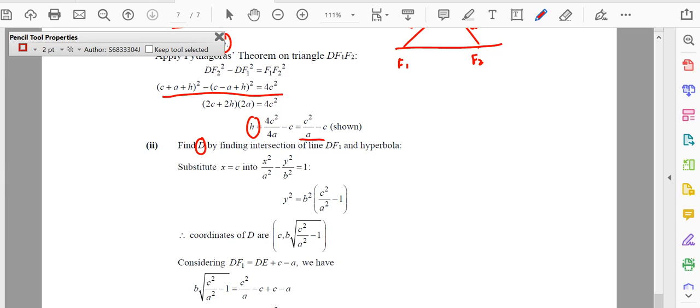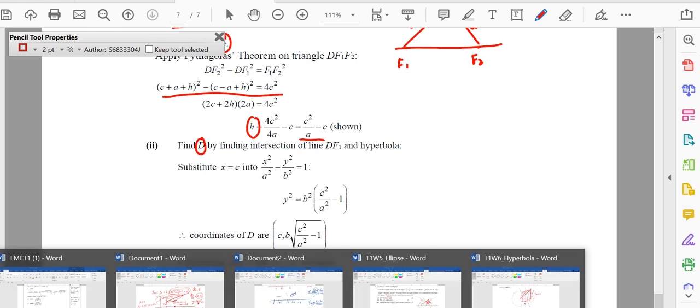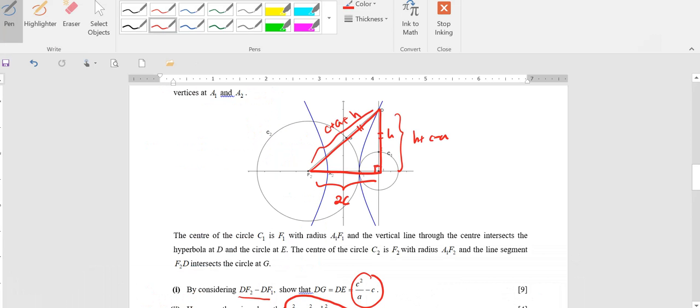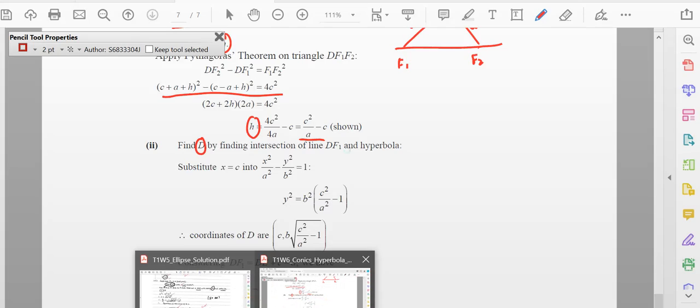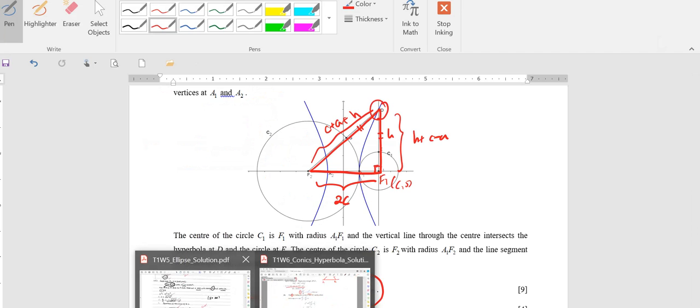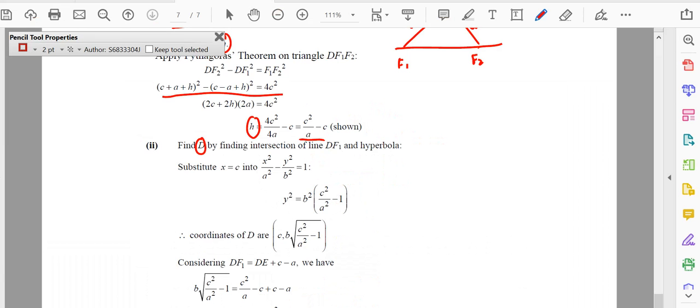It's the point D. And the point D happens when the x coordinate is c, right? It's constructed above the focus. This is (c, 0). So the only way I can involve b is to actually consider the point D here. So at the point D, it satisfies the hyperbolic equation with x replaced by c. So we do know that D has this coordinate here.